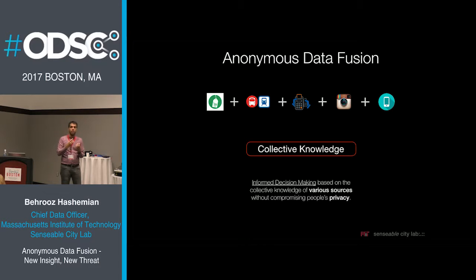There are limits on these queries, because if you ask any question that you want, you can de-anonymize the other data sets. So this is about fusing, because the third party that gathers all this information is still anonymized, but with this way of data fusion, they can fuse the data anonymously and create a collective knowledge that can address many informed decision makings without compromising people's privacy. Thank you.